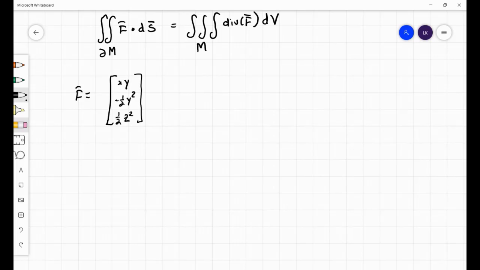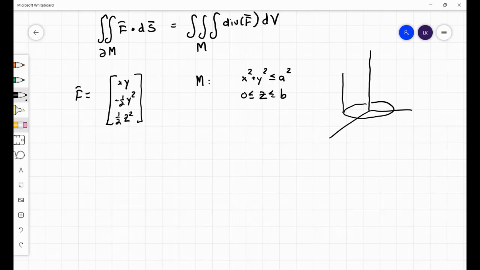And we have a solid object, let's call it M. It's not unlike the previous one. It's just a cylinder, where we have a cross-sectional disk of radius a, and then z is between 0 and b.